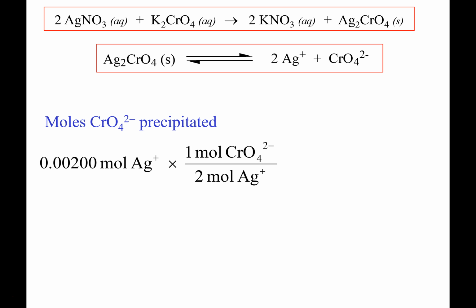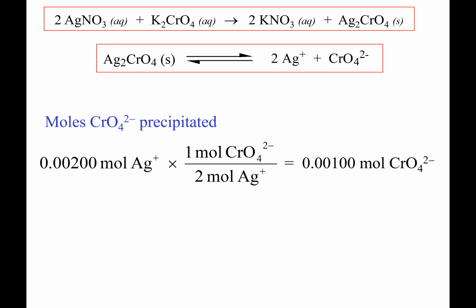Assuming that the chromate that precipitates is going to be driven by the silver that's present, and all the silver is going to precipitate, then we know that the moles of chromate that precipitate will be related in this relationship. 2 moles of silver for every 1 mole of the chromate. So then I can do that math.